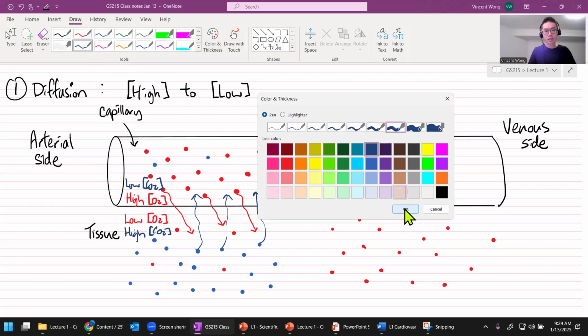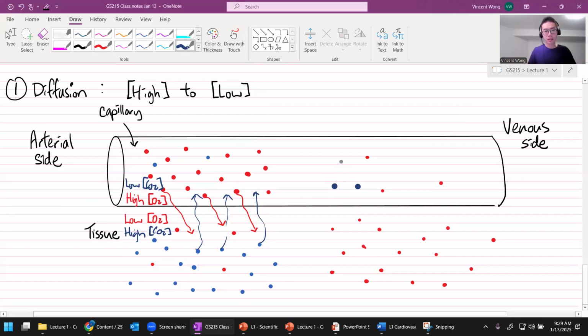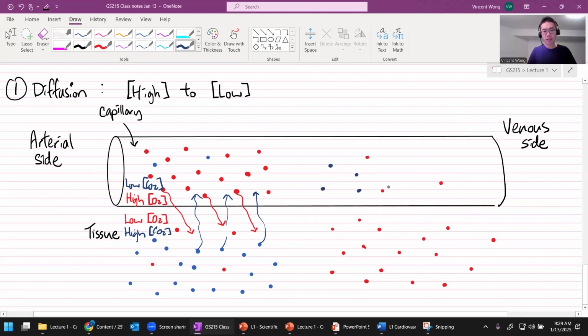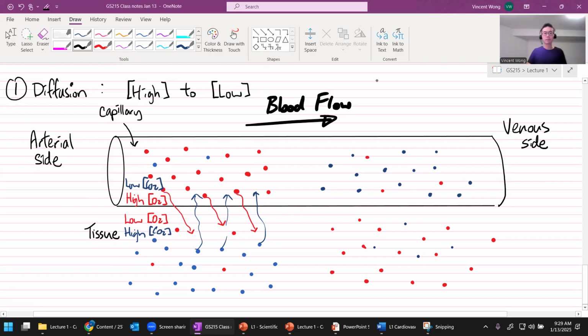So afterwards, your blood is going to have more carbon dioxide. And then this is the direction of blood flow. So that's not difficult to understand, at least I hope it's not.